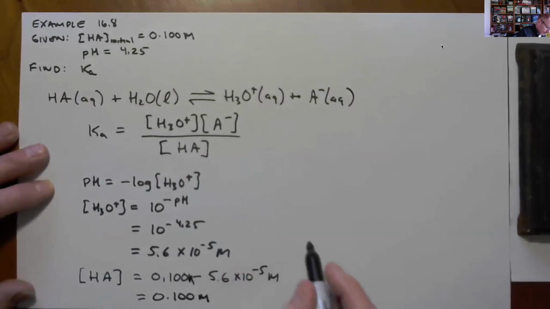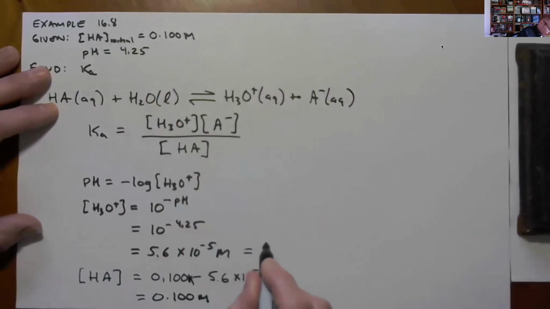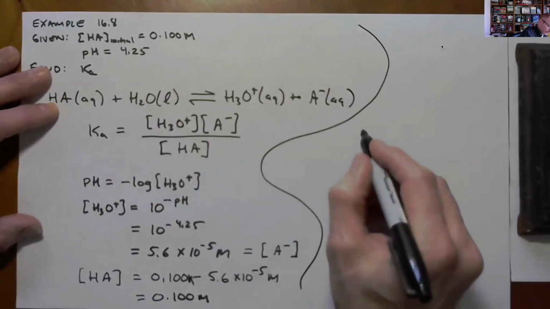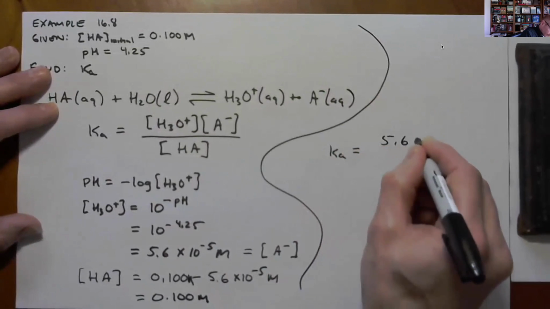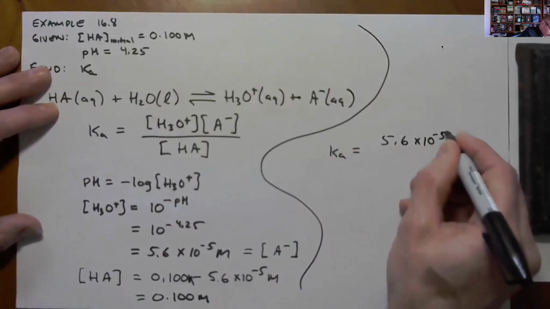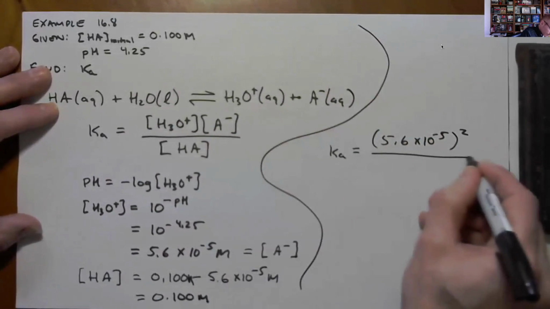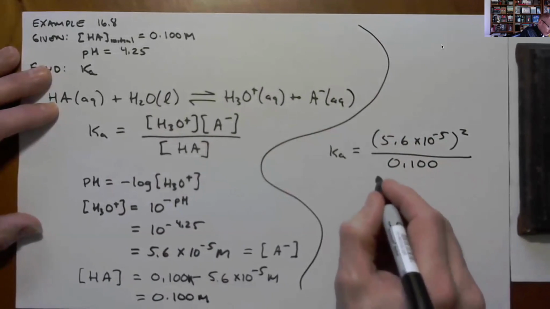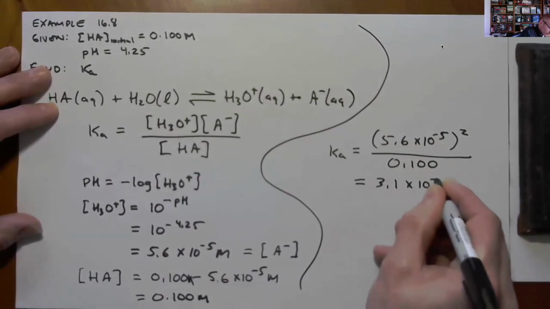And then lastly, this is also our conjugate base. So when it's all said and done, Ka is equal to 5.6 times 10 to the minus 5 times 5.6 times 10 to the minus 5 over 0.100. And this evaluates to 3.1 times 10 to the minus 8.